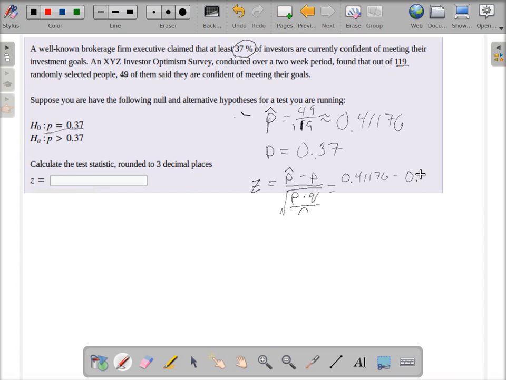P, we're saying, is 0.37. Q is always 1 minus p, so this will be 0.63. And n in this case is 119, the size of our sample.